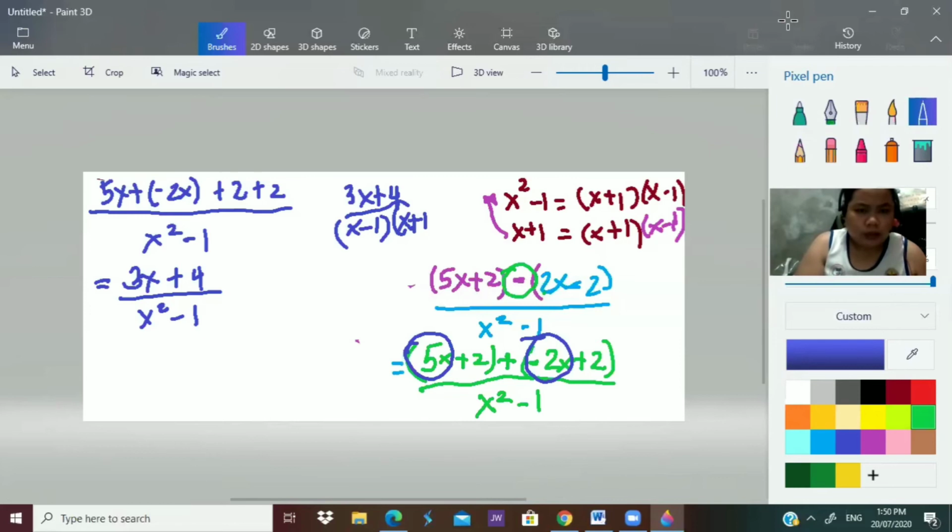Si numerator, hindi na siya mapafactor. So kung pinactor natin at wala namang madidivide, so therefore, yung ating answer ay nasa simplest form na. So ito na yung ating final answer, because the numerator and the denominator is relatively prime.